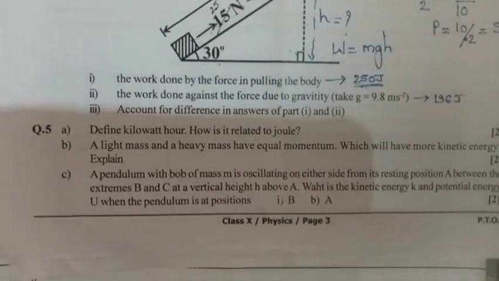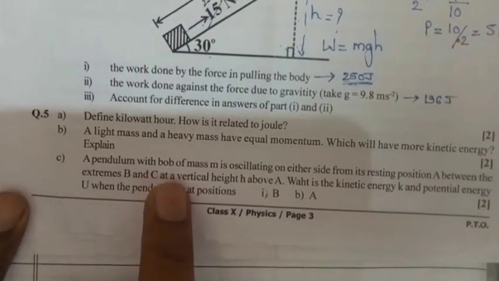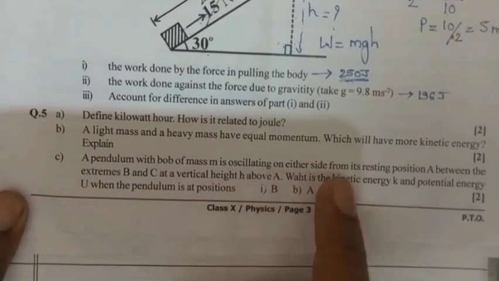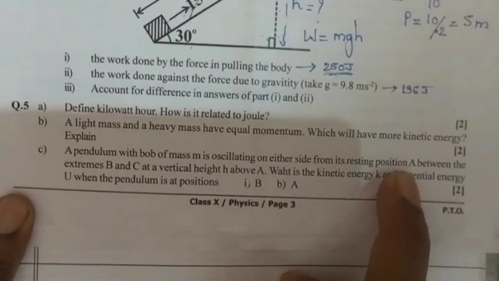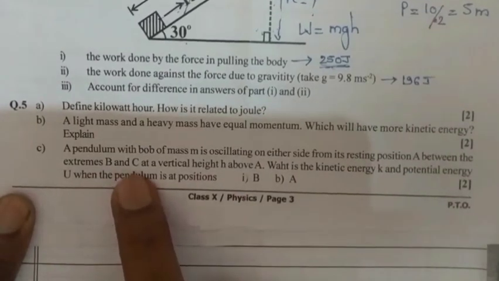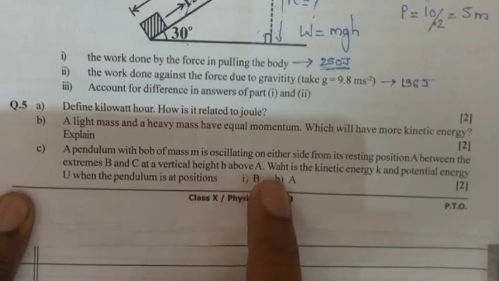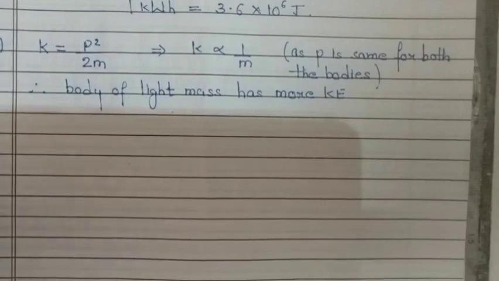Part C says a pendulum with bob of mass m is oscillating on either side from its resting position A between the extremes B and C at a vertical height h above A. First of all, let me explain the diagram.